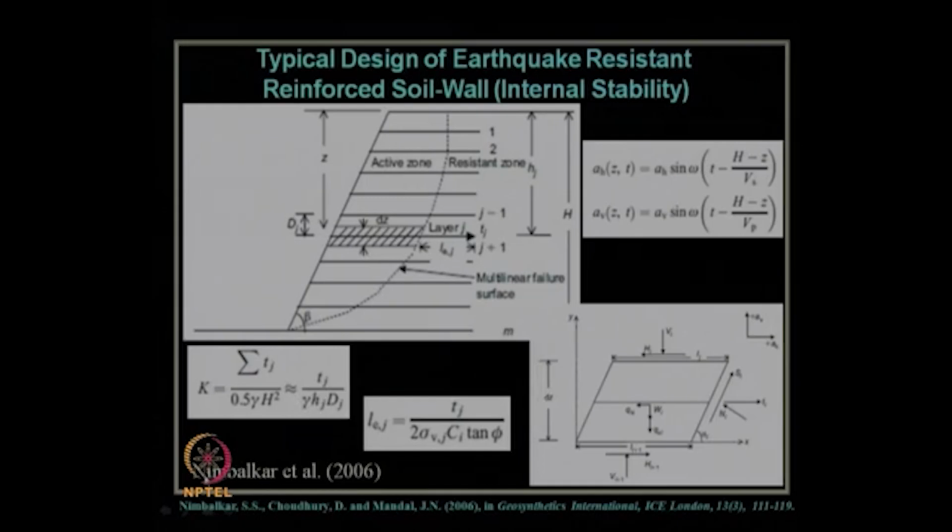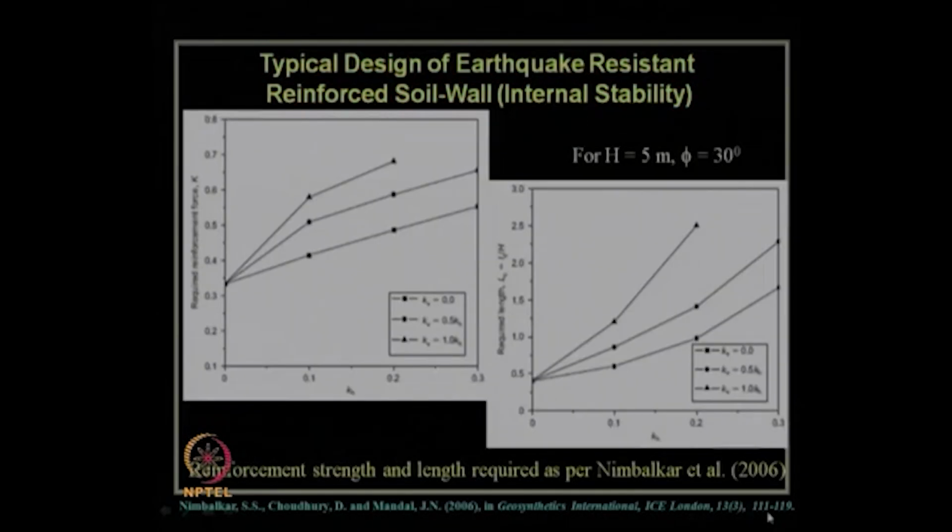This analysis is available in the journal paper of my first PhD student, Nimbalkar, Chaudhary and Mandal 2006, published in the journal Geosynthetics International, published by Institute of Civil Engineers, London, UK. This is the volume number and page number.